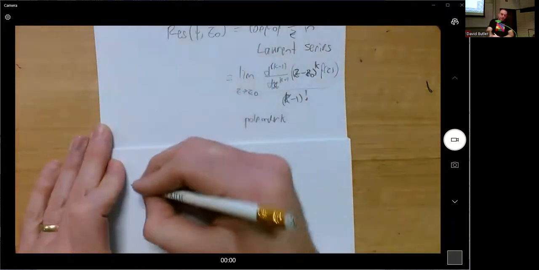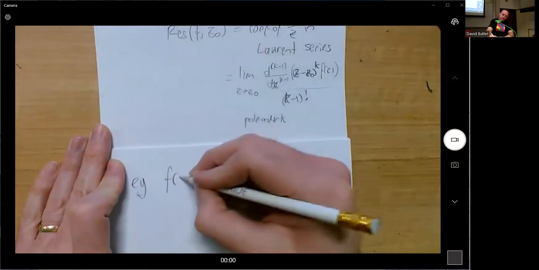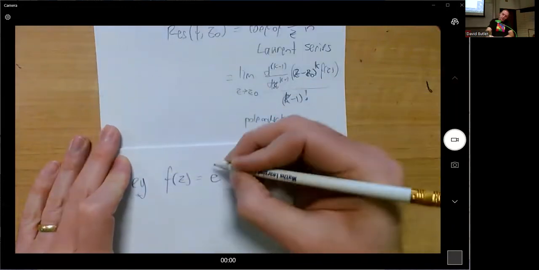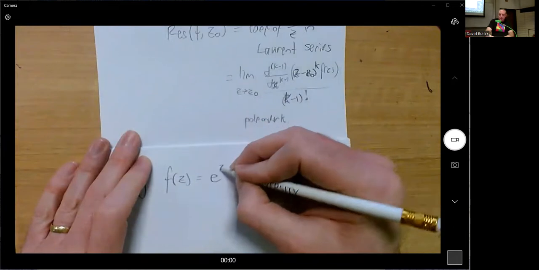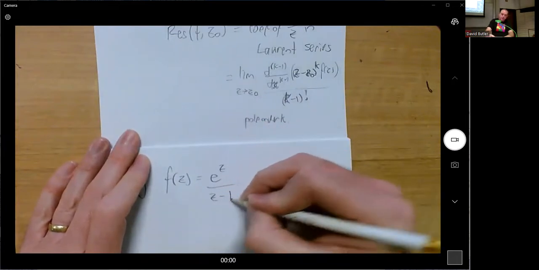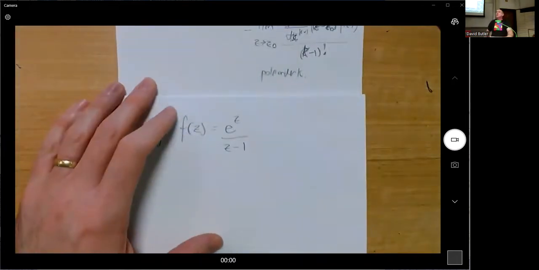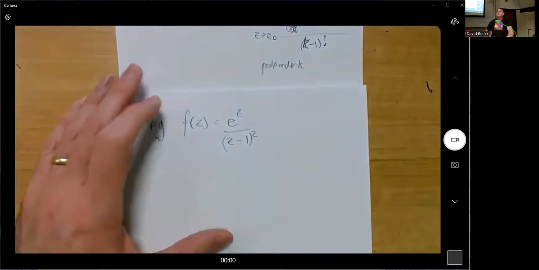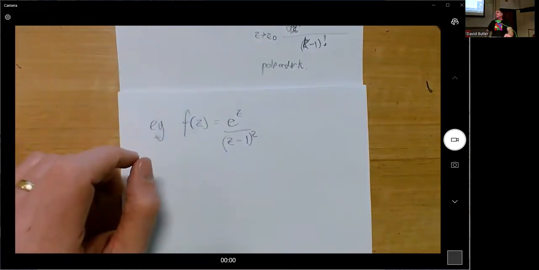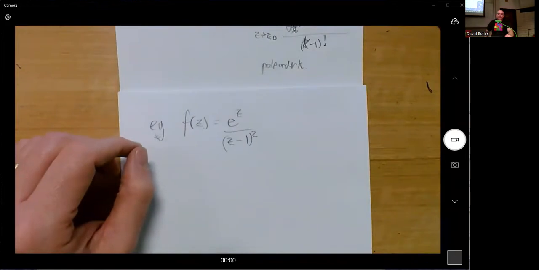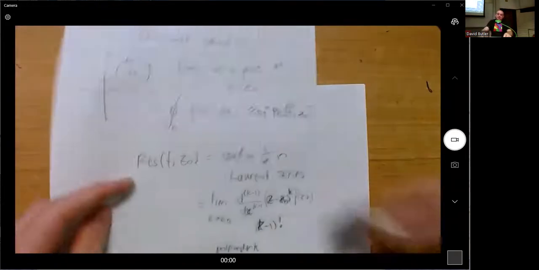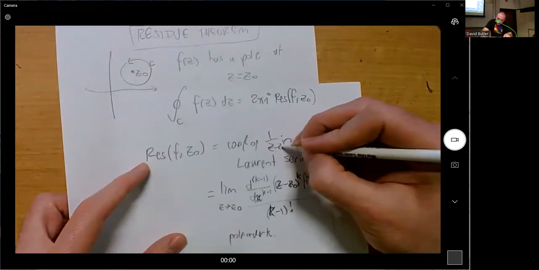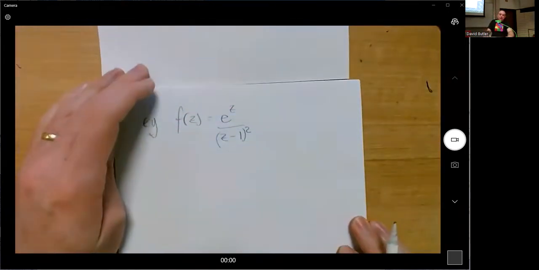So if I had this, for example, oh, so it's not the coefficient of 1 over z, it's the coefficient of 1 over z minus z naught.